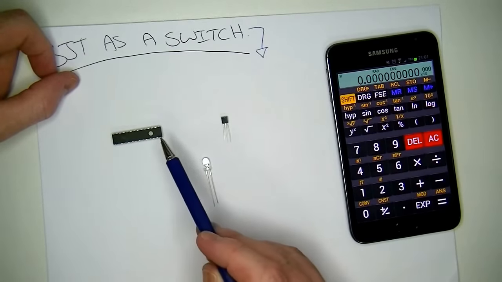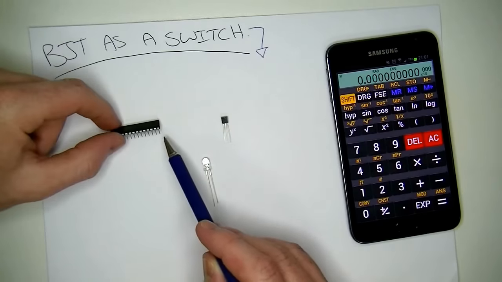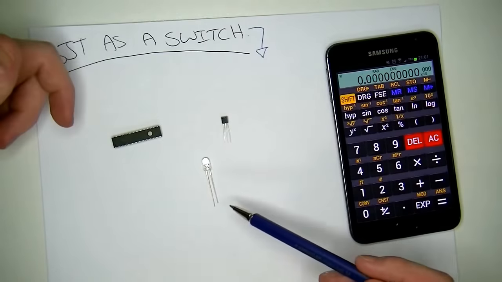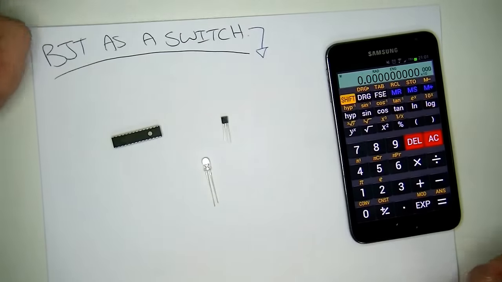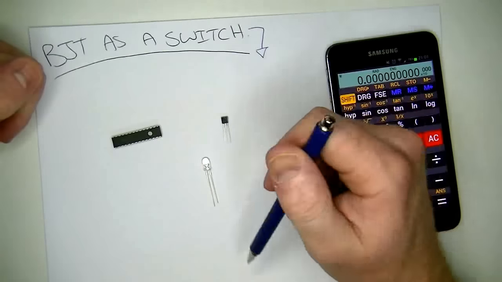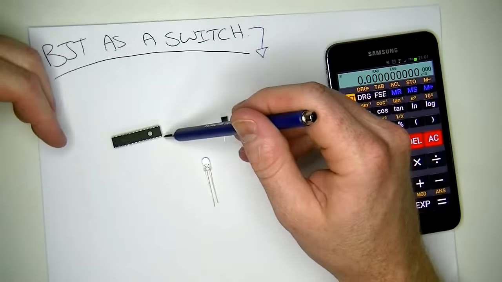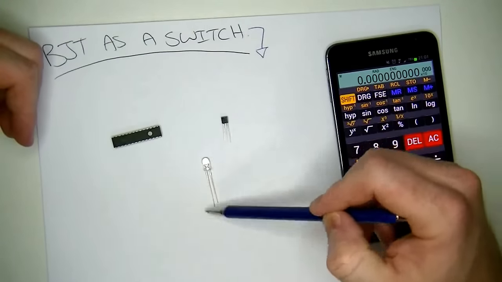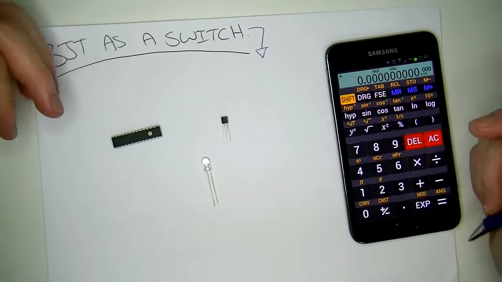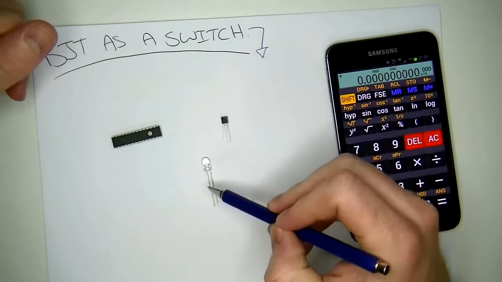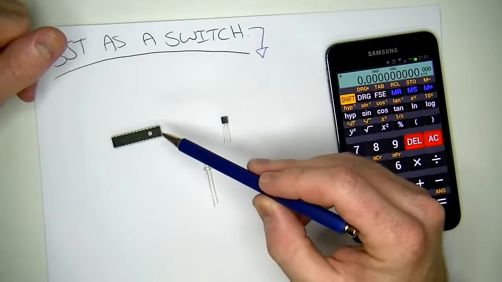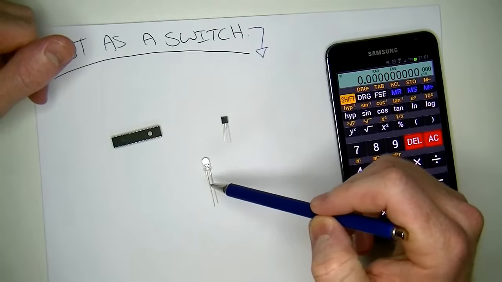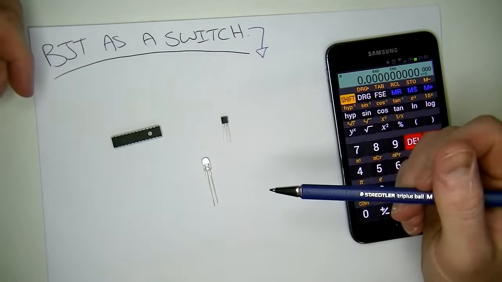We could connect one of the pins of the microcontroller, let's say this very end one, to the LED, and turn the LED on by sending out 5 volts on the port pin. But let's say we wanted 50 milliamps of current to flow through that LED. This port pin can't handle 50 milliamps, so there's no way we can turn this on and expect to have 50 milliamps running through it.